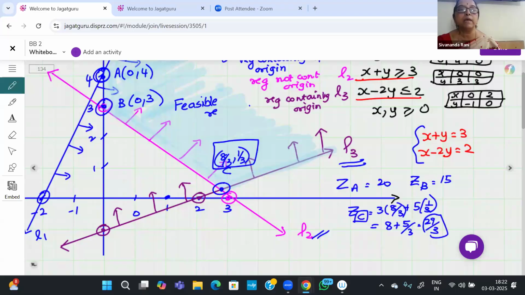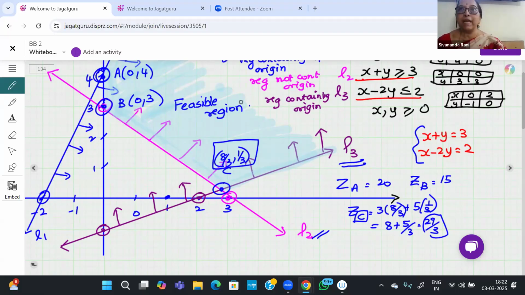What is the feasible region? The feasible region is that which contains points satisfying all the constraints given. But the points which optimize the function, or which may minimize or maximize the objective function, will all lie at the edges only.